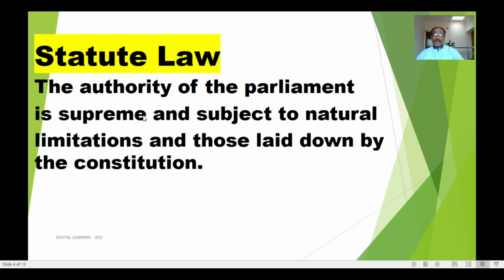Because Parliament is the supreme authority, and even though it is supreme, the Indian Constitution is also to be considered, keeping in mind the limits prevailing in it. Within those limits only, a statute law is to be made by the government, by the Parliament, or by the central government.